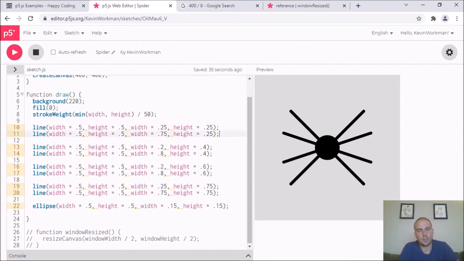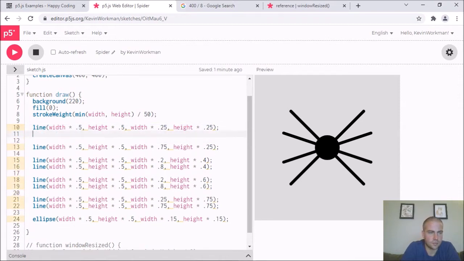But I'm going to want to reference the point pretty easily, so I'm going to draw it right after I draw the first line segment of the leg.